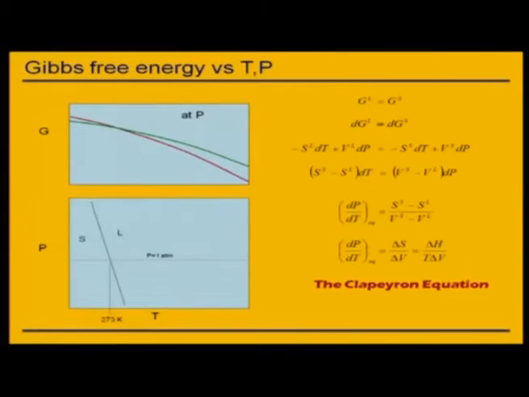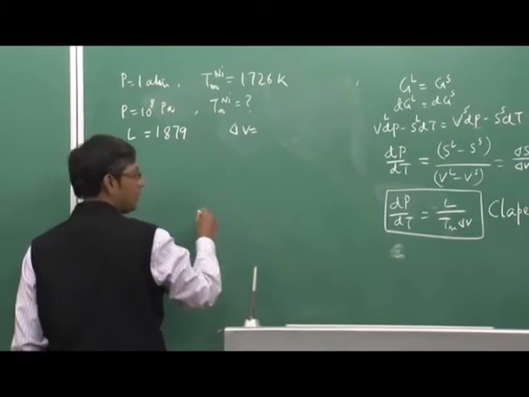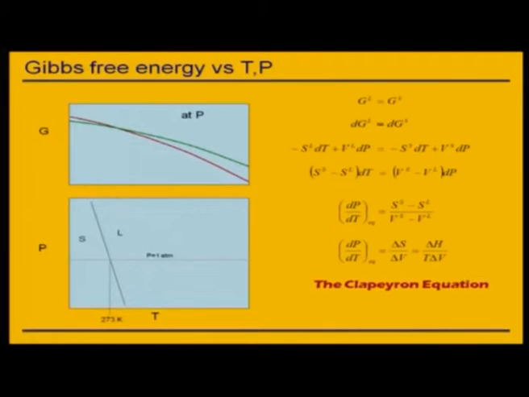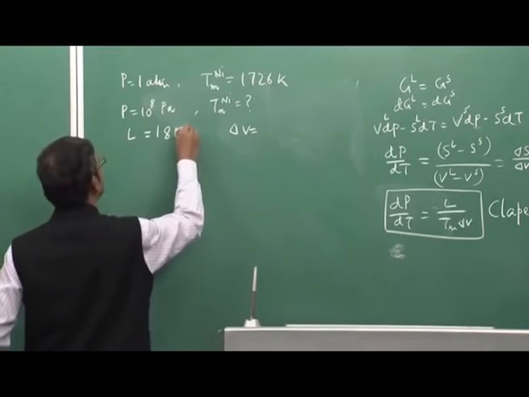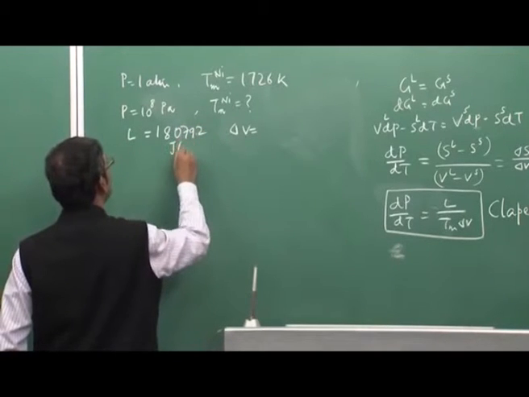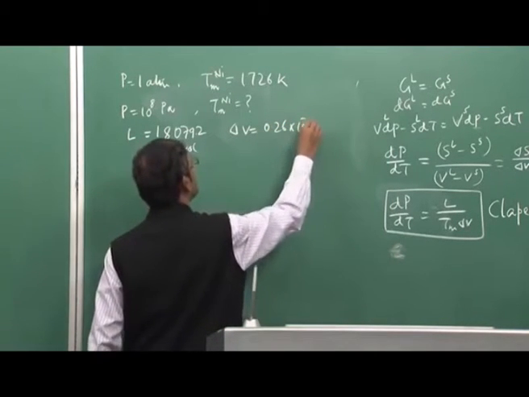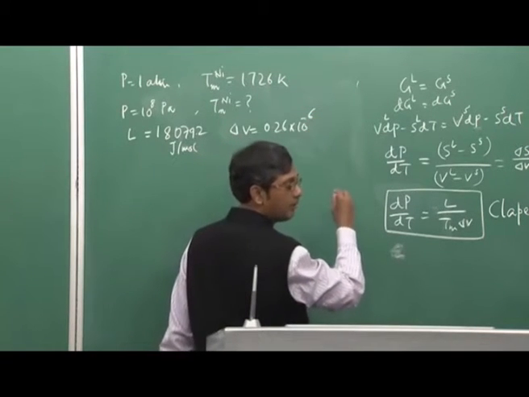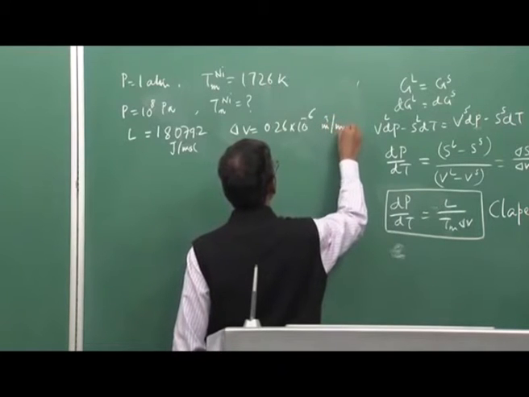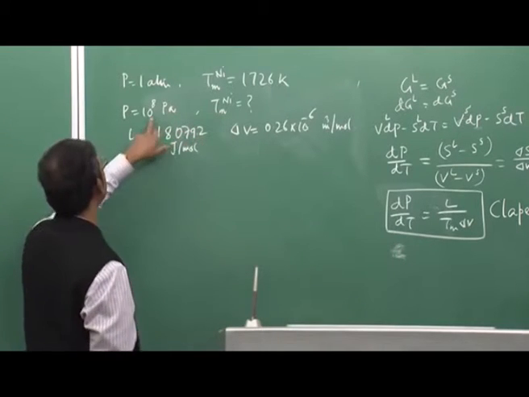Latent heat is about 18,079.2 joule per mole, and delta V is 0.026 into 10 to the power minus 6 meter cube per mole. So this is my problem. I need to find out the melting temperature of pure nickel when this much pressure is applied.